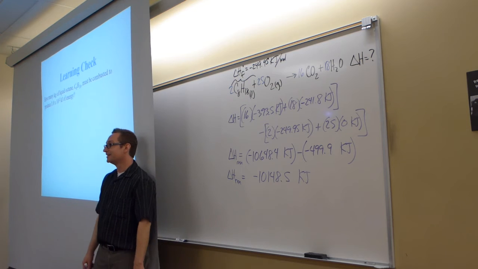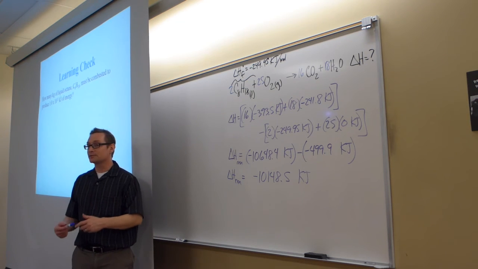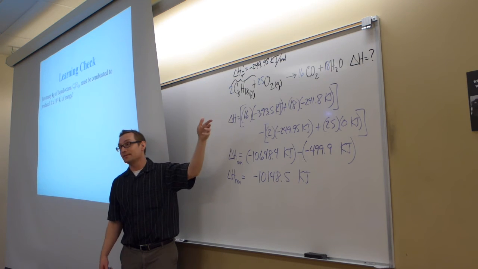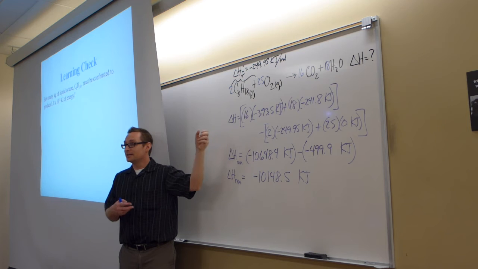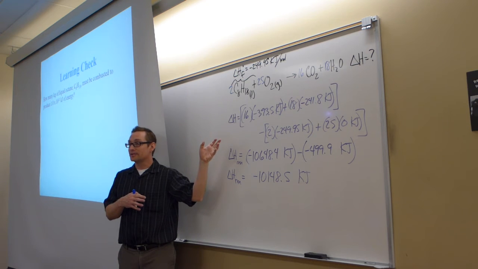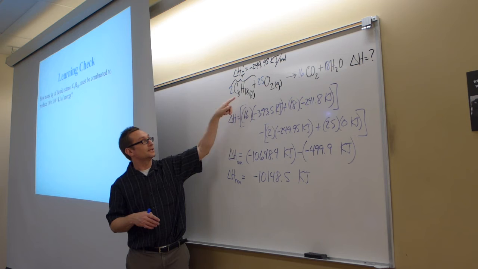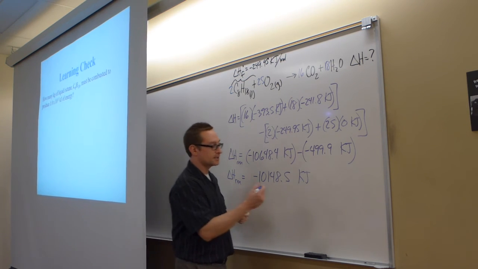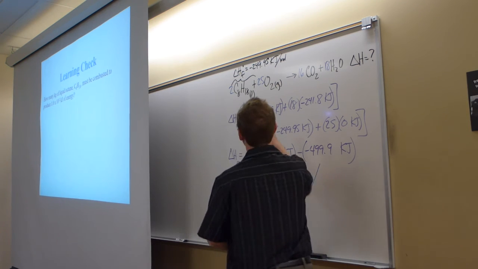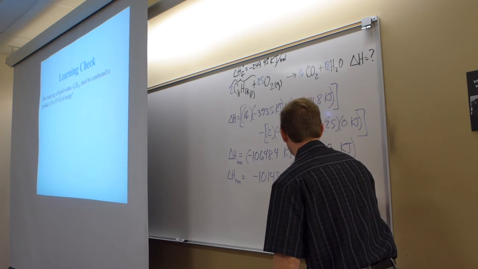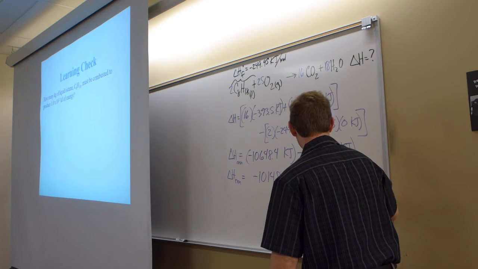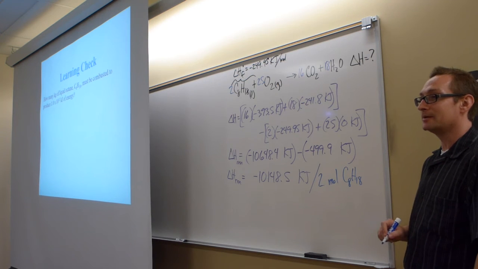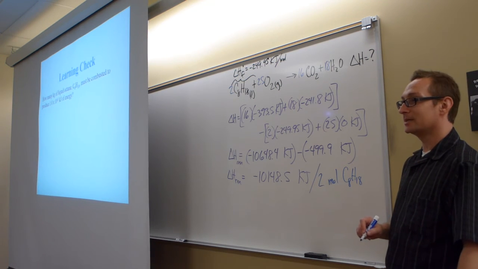No, not really. All right, so you might remember this from Chem 107, where you would typically be given a reaction and a delta H, and you need to look at the energy to mole ratio. So delta H, negative 10,148.9, is per 2 moles of liquid octane. Does this ring a bell at all? Maybe, maybe not.